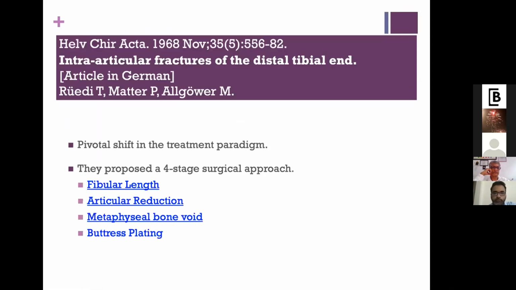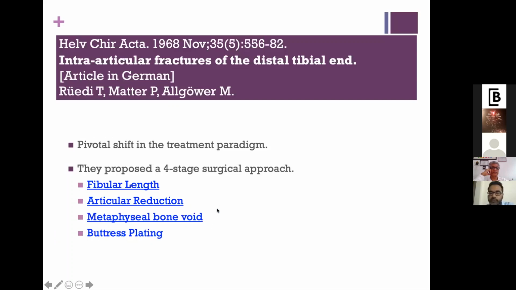Before this paper, what people used to think about pilon fracture is that it is a completely non-reconstructable fracture. Because of its outcome and complications, people used to fear to reconstruct. After this paper by Rüedi and Allgöwer, from their experience, they showed that there are excellent outcomes with these kinds of fractures, and they followed a 4-stage surgical approach.